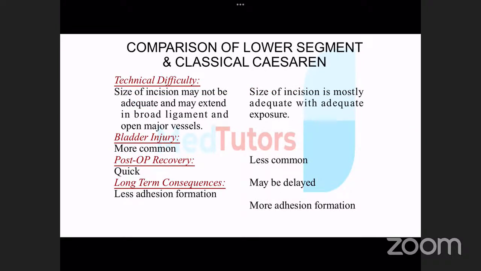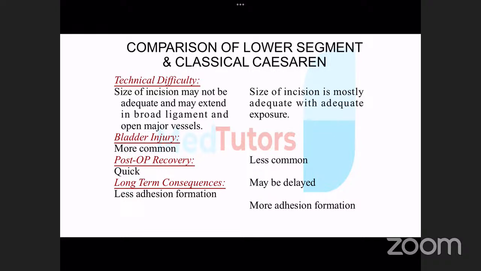Now, what about technical difficulty? The size of the incision may not be adequate and may need to be extended because there's usually some technical difficulty with the lower segment. Sometimes you do the lower segment incision and you may need to extend it to the side like a J shape or even an inverted T because of less access.